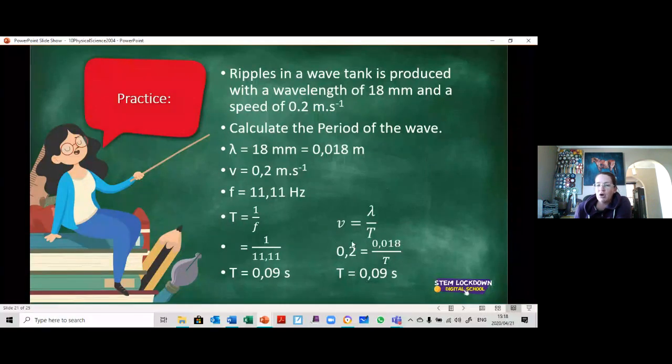Now on this side, I've got 0,2 times T is equal to 0,018. So I've got 0,2T on the left and 0,018 on the right. And now I want T on its own, so I divide 0,018 by 0,2. I hope that helps.